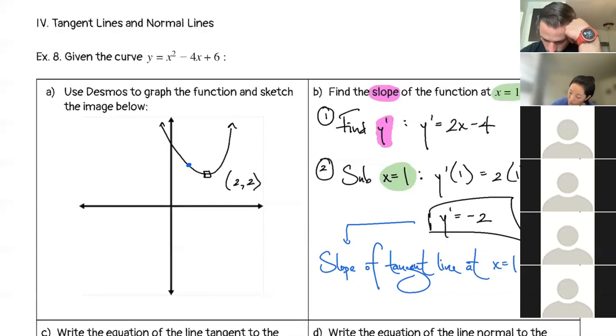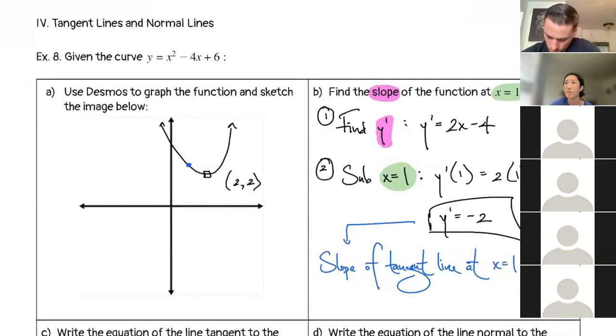All right. So I told you that the x coordinate is 1. How can I find the y coordinate of that point? Okay, okay. So we've got some words to describe it.